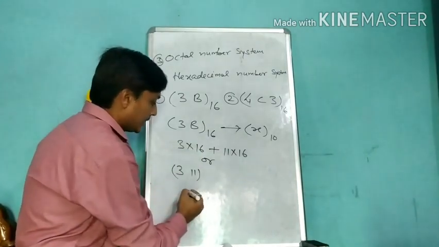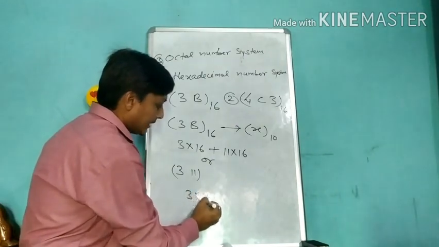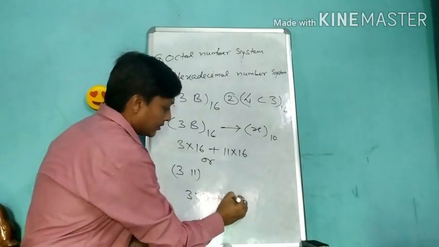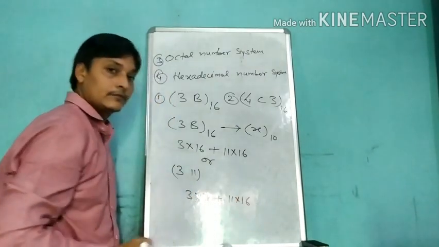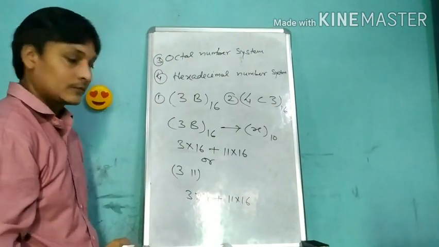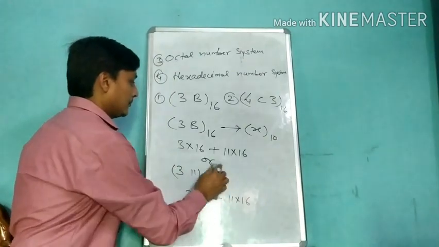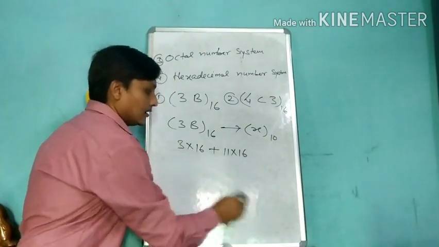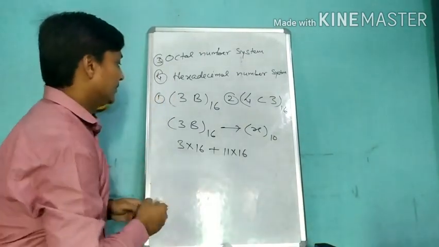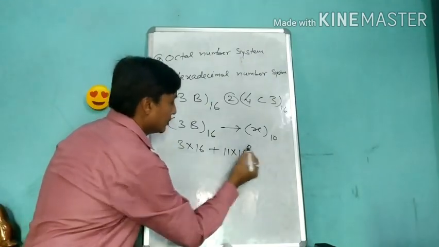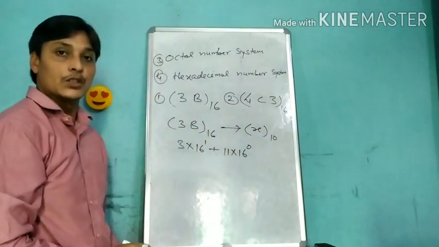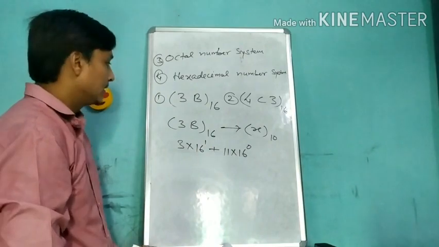After that you can continue 3 into 16 plus 11 into 16. You can use any one. Now calculate the value first. Suppose I am going with this one. So what we have to do, we will place the power 0 and 1. Is that clear?